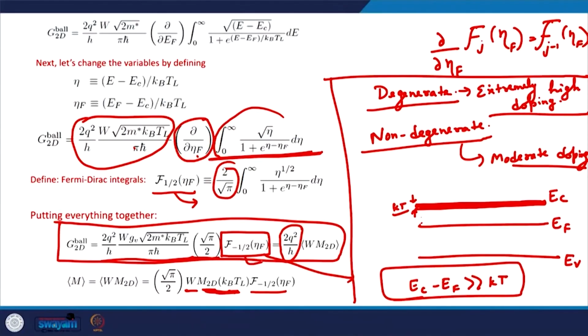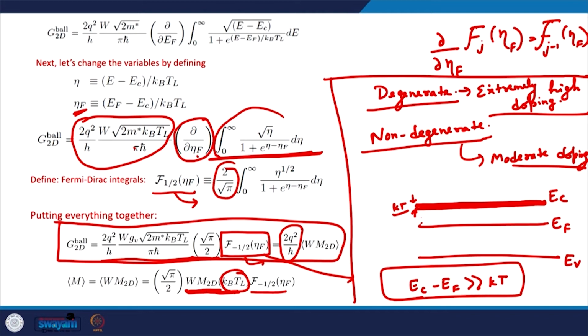That is why, in the Fermi-Dirac integral for non-degenerate semiconductors, we can take eta f to be quite less than 0, and the number of modes only needs to be evaluated for certain kT values of energy.